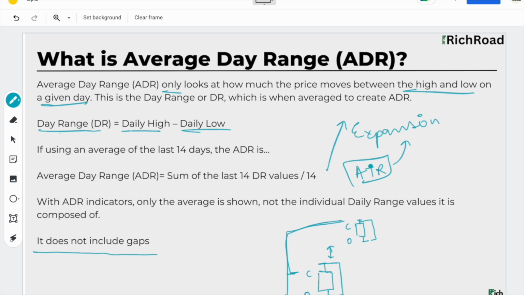Because it includes gap, ATR, and expansion. Gaps are part of expansion. If I'm dealing with contractions, then I'm going to use ADR, because over there, the range of the candles matter to us. I hope pretty simple point which is understood. If you still have doubts, please use the comment section.